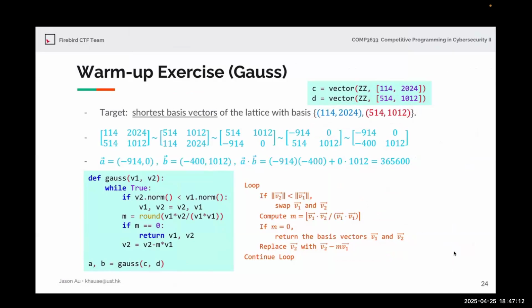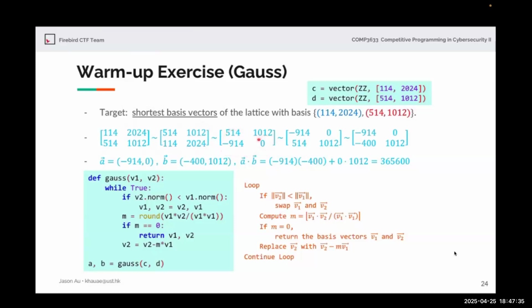For these two vectors, we compare the norm of these two vectors, and we find that this one is actually shorter. So we swap the order, and then calculate the m and do the replacement of vector 2, and it gives us this vector as vector 2.